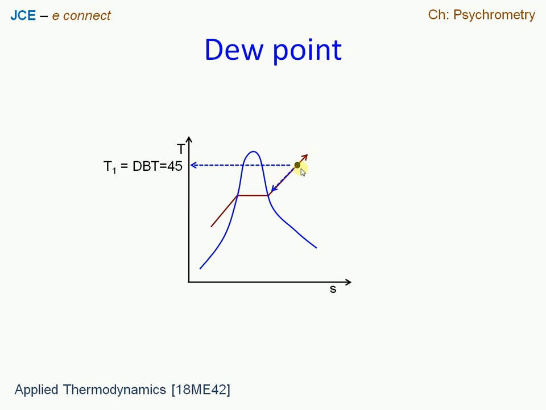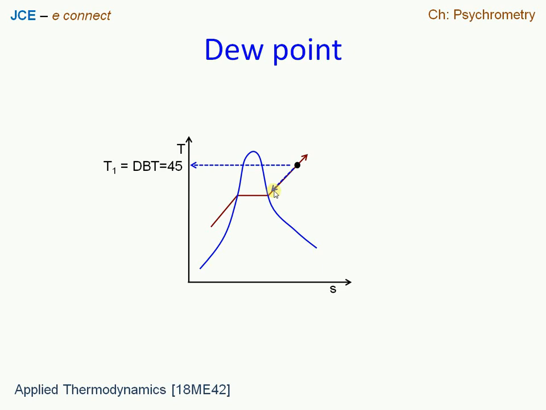Now this sample of moisture, one can cool it, that means bring down its temperature. When we cool this along the constant pressure curve, the water vapor inside the dry air approaches closer to the saturated vapor curve.